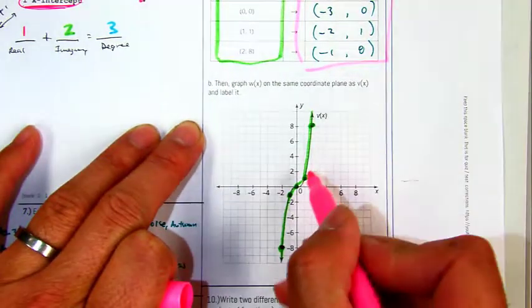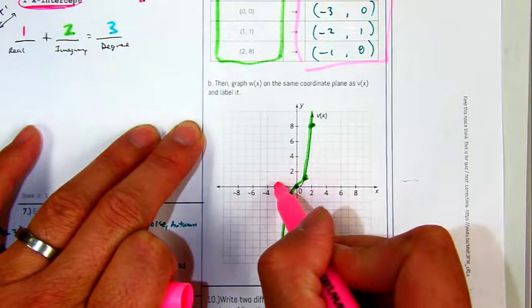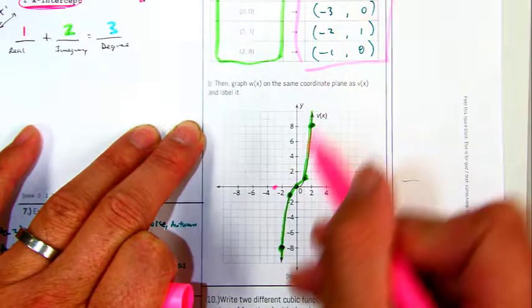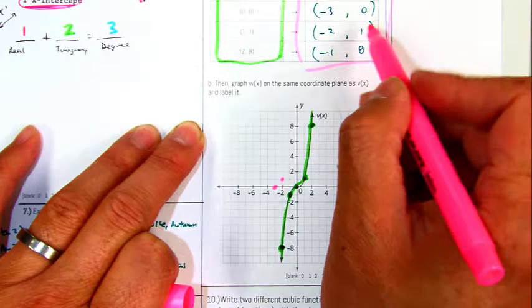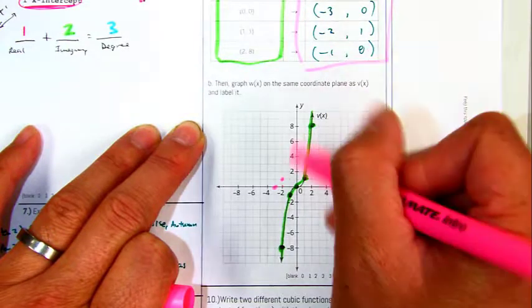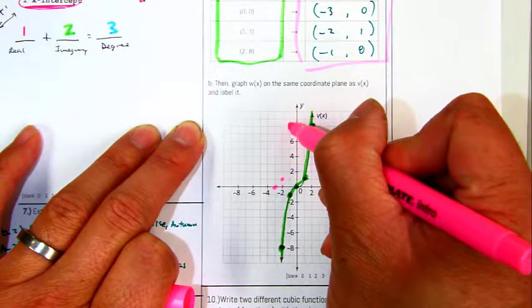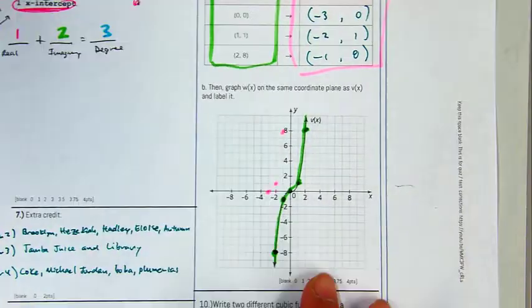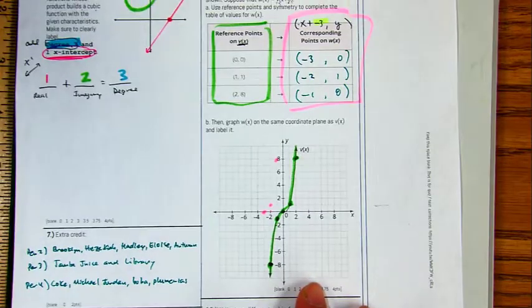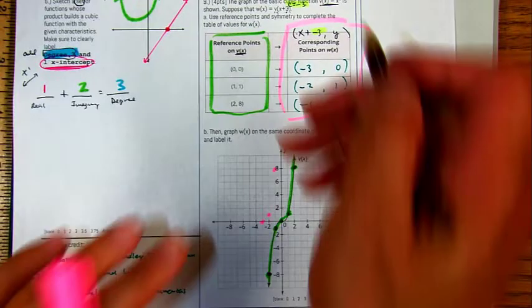Negative 3, 0. Negative 2, 1. Negative 1, 8. And if you notice a pattern here, the c equals negative 3 is shifting everything to the left 3 units.